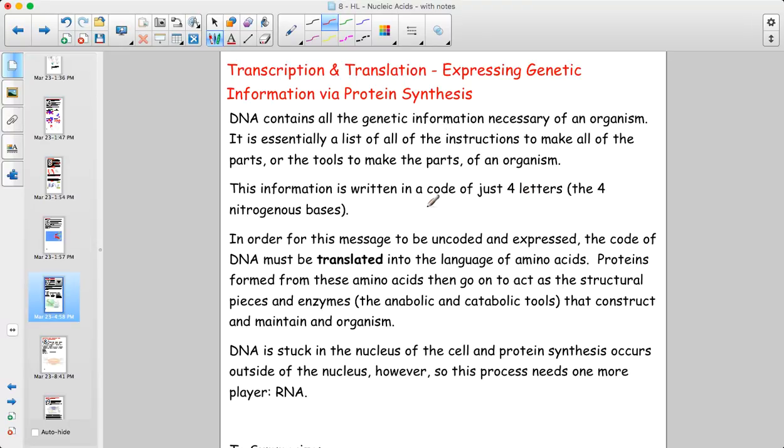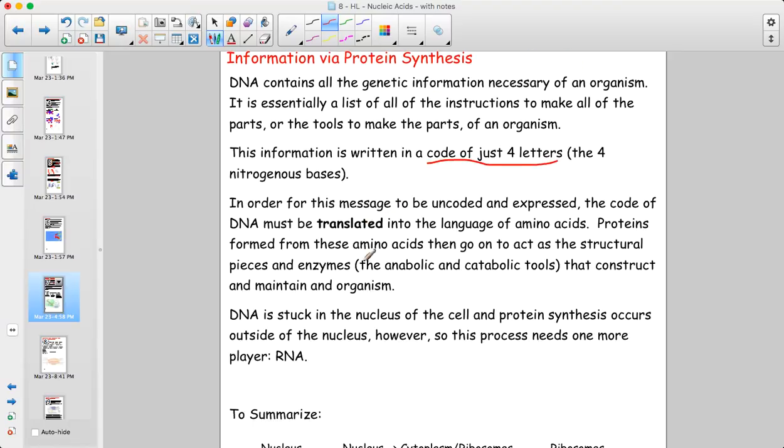They act like a code with only 4 letters. So it's as if the English language only had 4 letters, and then you were able to write all the different words and get across all the information about everything with just those 4 letters by the exact order that you put them in. So it's a complex idea, but that's really about how it works.